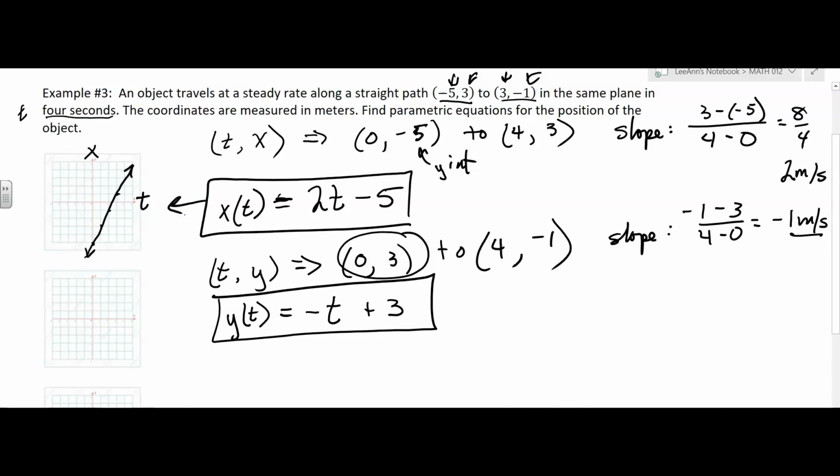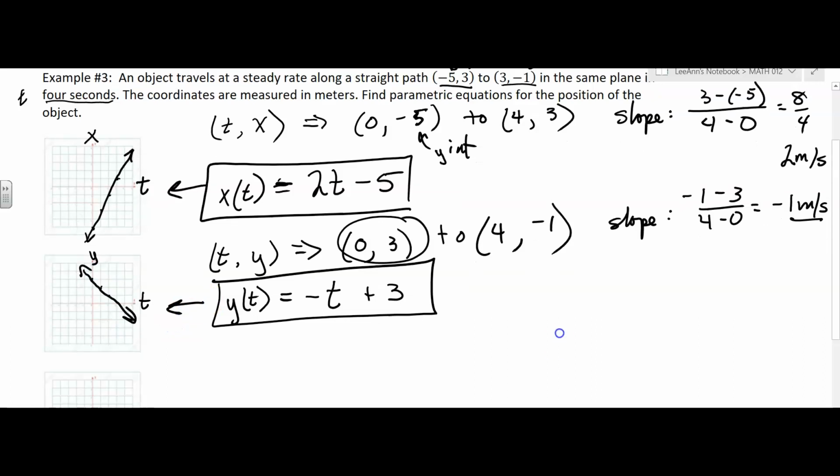You're basing it on t time and the x position. So now this is going to be y and t. And let's see, we're at 3, 1, 2, 3. And then we've got a -1 slope. So that's how the y position is changing. So that graph matches to that.